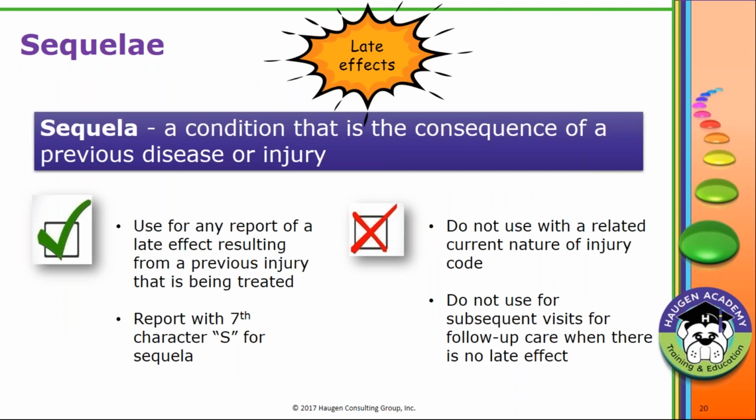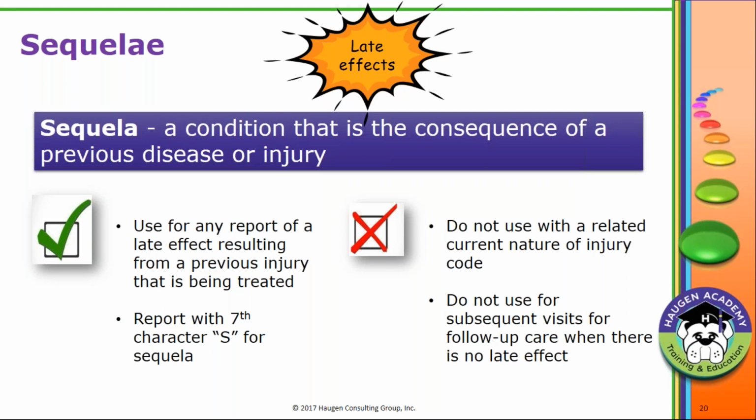For sequelae, and sequelae are late effects, these are conditions that are the result of a previous disease or injury that has completely healed. So you'll see the green check mark on the left says use for any report of a late effect resulting from a previous injury that is being treated, and you report that code with the 7th character of S for sequela.